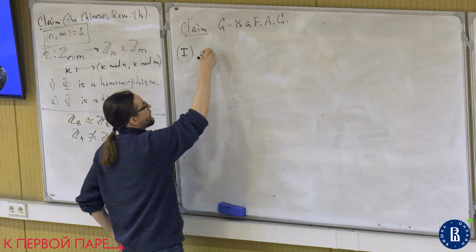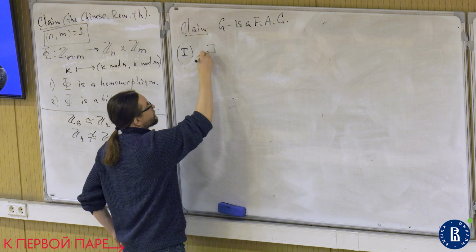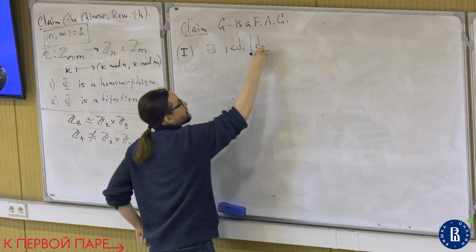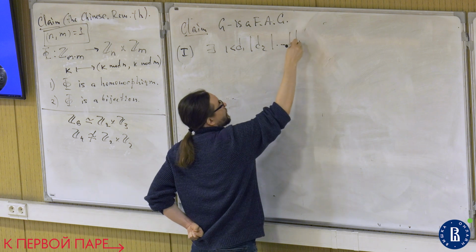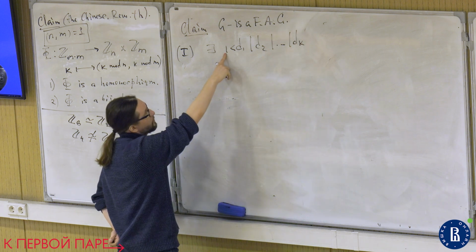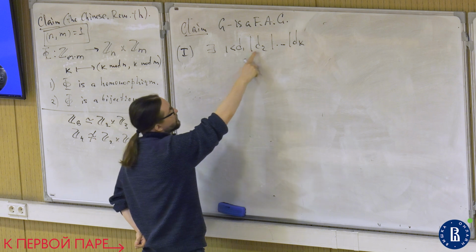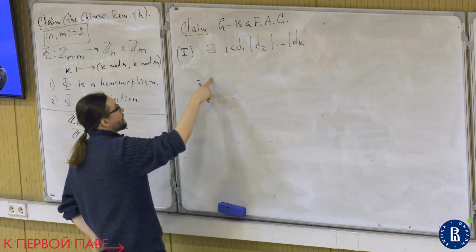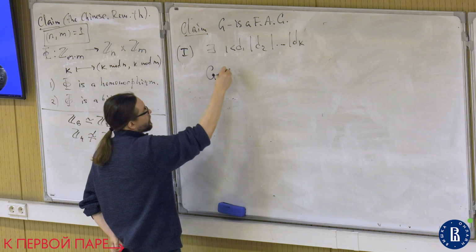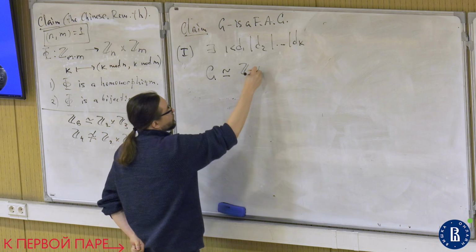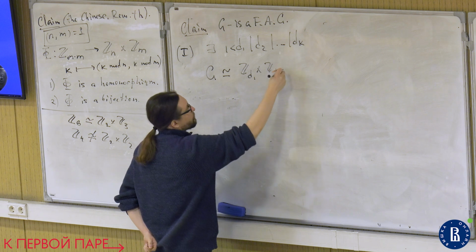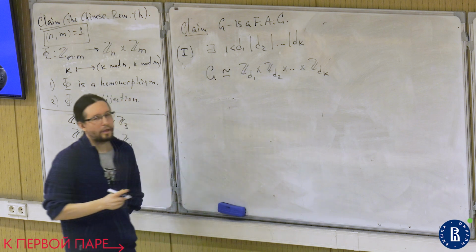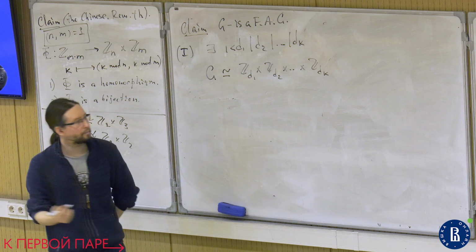The claim number one says that there is a sequence of integers d1, d2, and so on up to dk, where d1 is strictly greater than 1, d1 divides d2, d2 divides d3, and so on, such that G is isomorphic to the product of Z_{d1}, Z_{d2}, up to Z_{dk}. And this representation is unique.